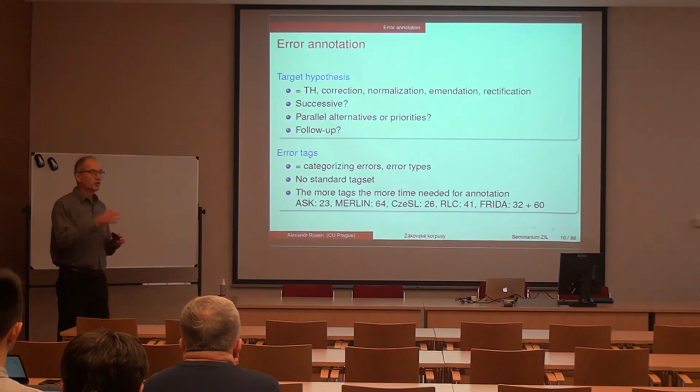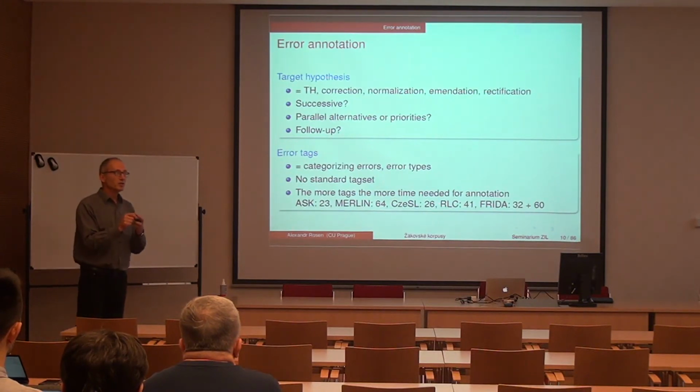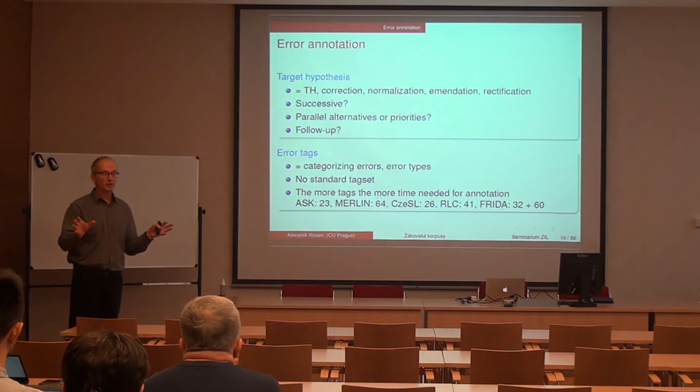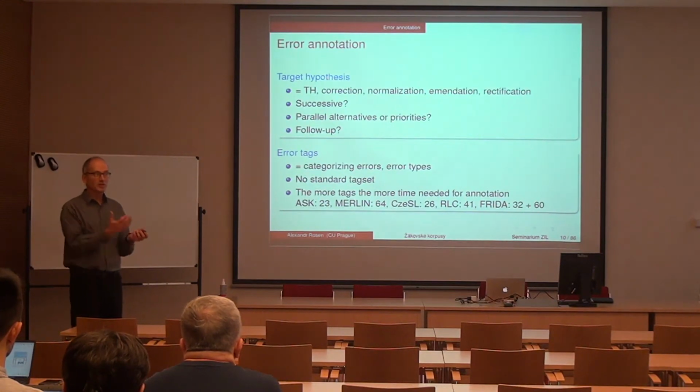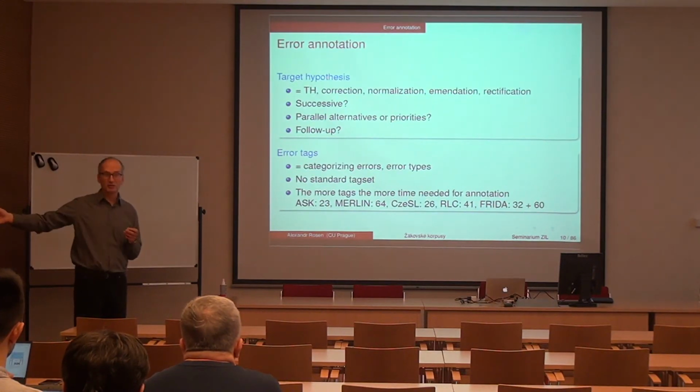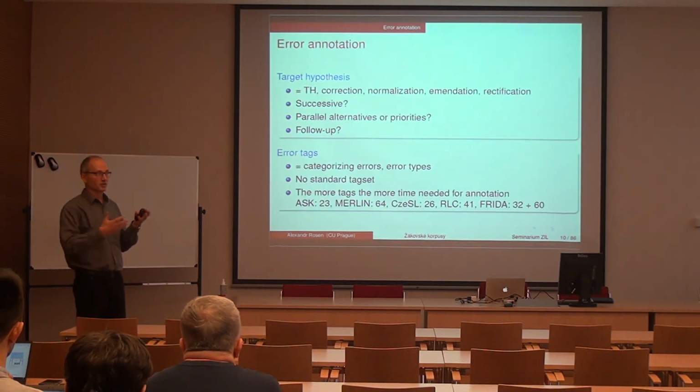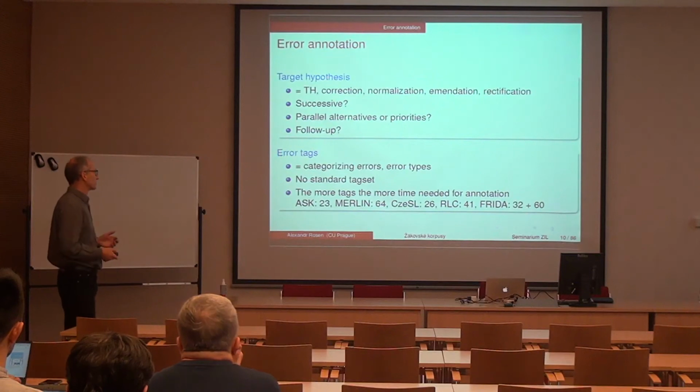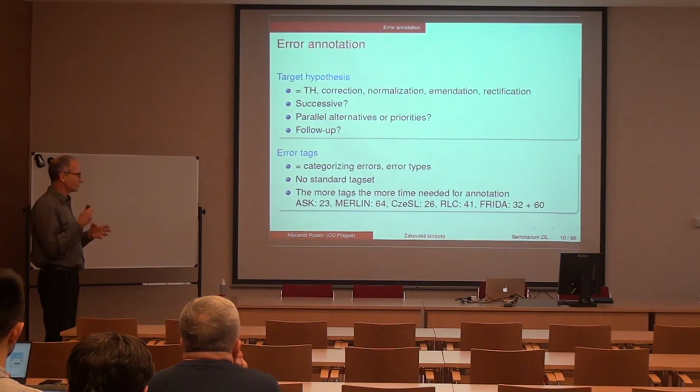And then if you make some correction, you see that actually it doesn't fit in the context. So maybe you have to fix something in the context to make the correction work. That's called follow-up or secondary corrections. But these are really not corrections of something that the student did wrong. It's something that just occurred because you corrected that. So these were the corrections.